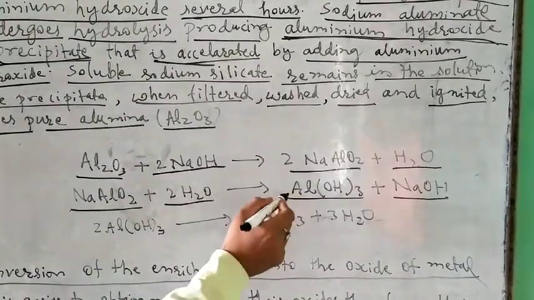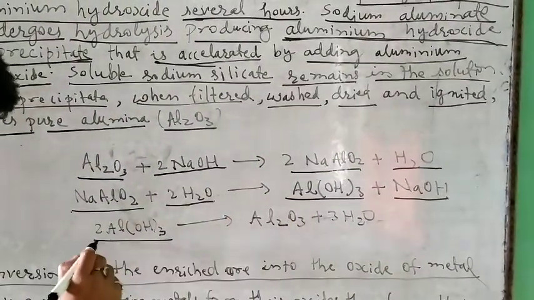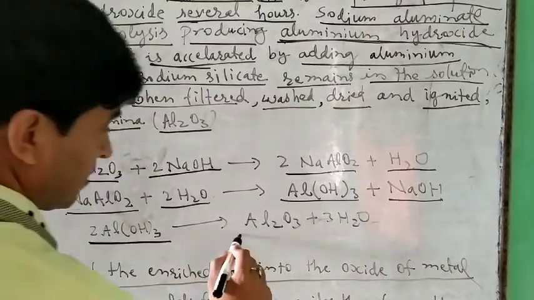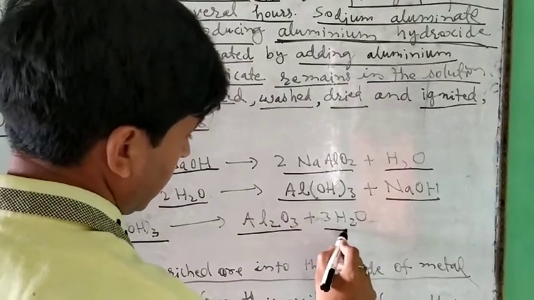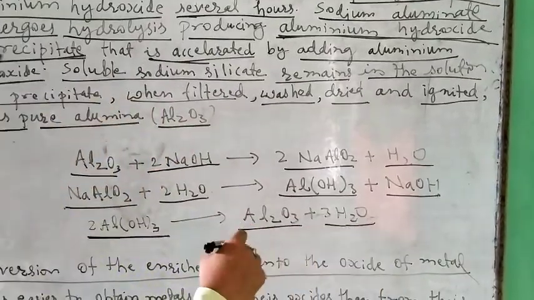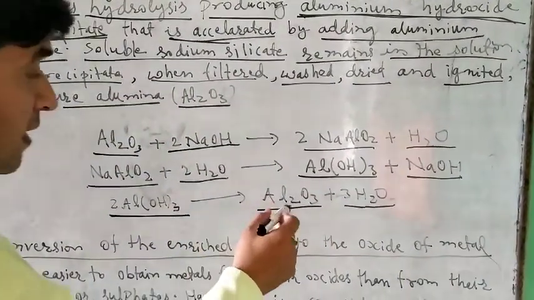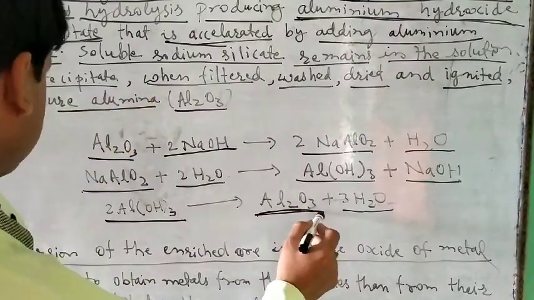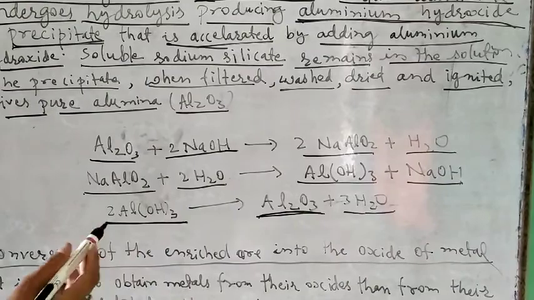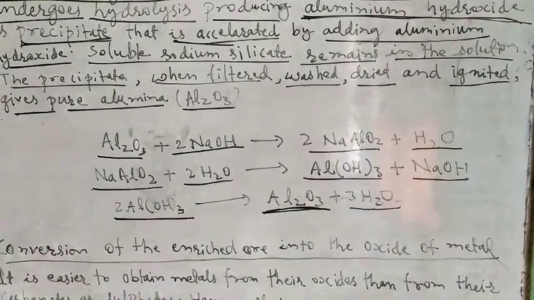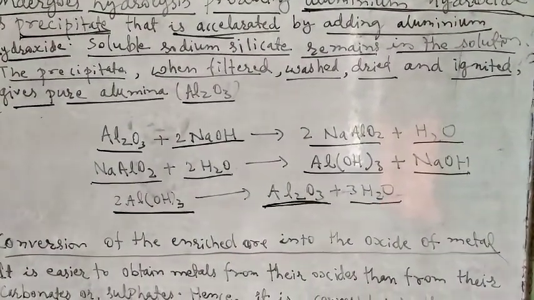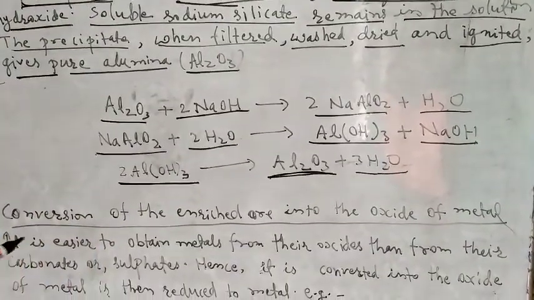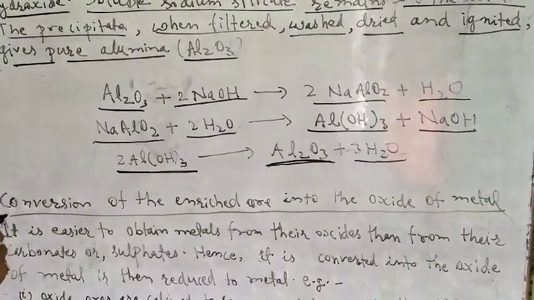Further, aluminium hydroxide is hydrolyzed and converted into alumina and water. So the oxide of the metal is obtained by this leaching process. These processes are used for the ores of aluminium and some other elements.